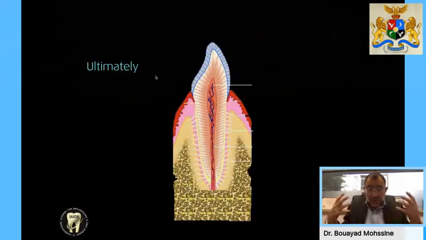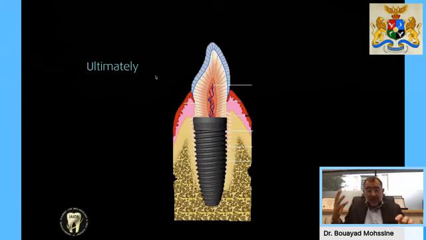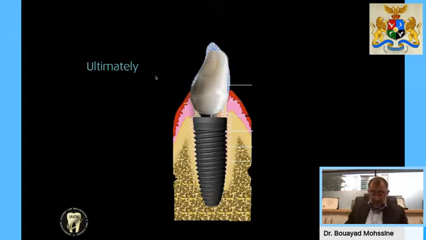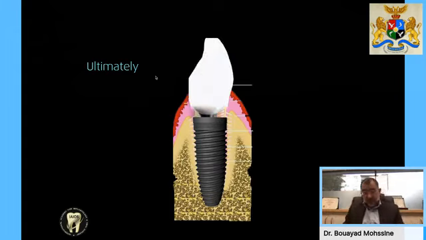Ultimately, when we have to do reproducible surgery, we have to place our implant in the good, ideal position into the bone, and place the abutment and the crown in the ideal position.